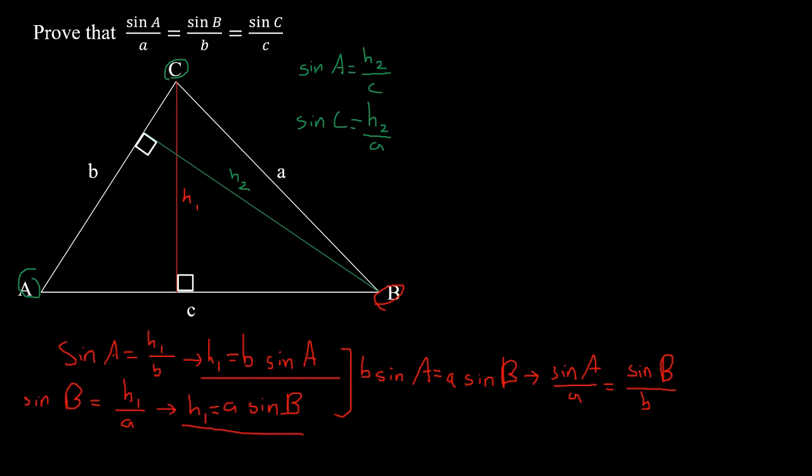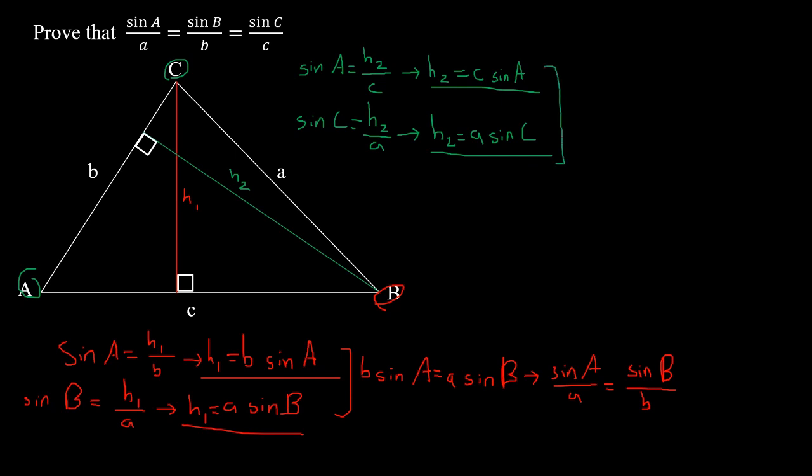And we can rearrange those equations like we did last time. H2 is going to be equal to c sine A. And H2 is also going to be equal to a sine C. So because both of these equations are equal to H2, that means that they must be equal to each other.